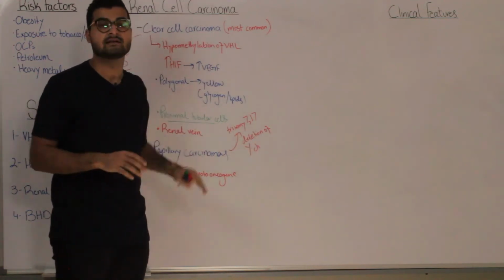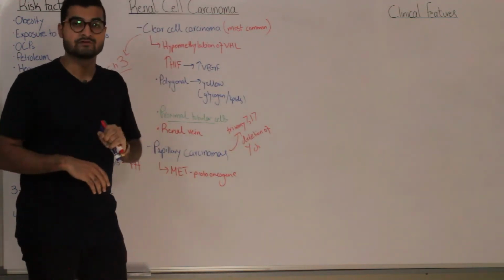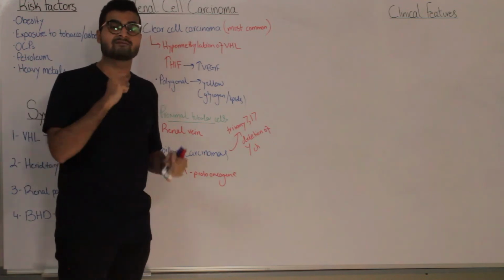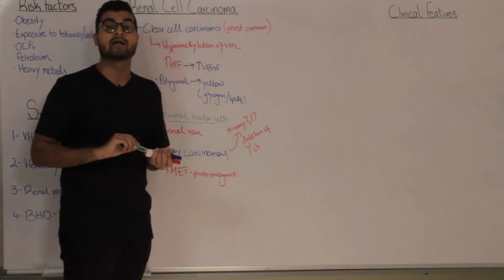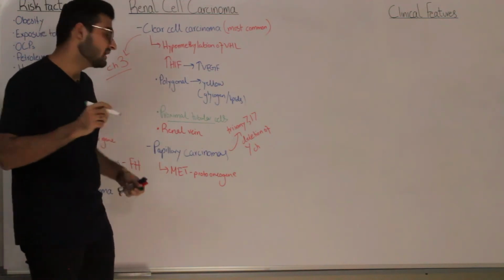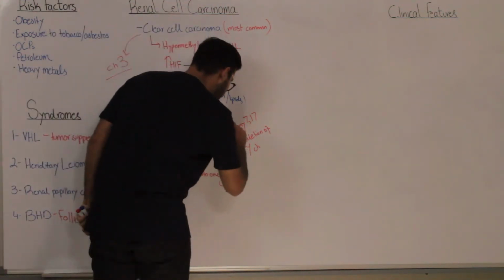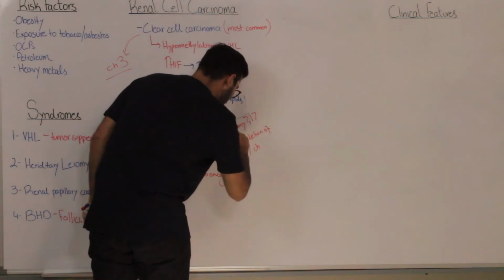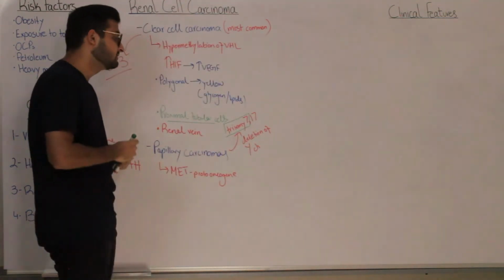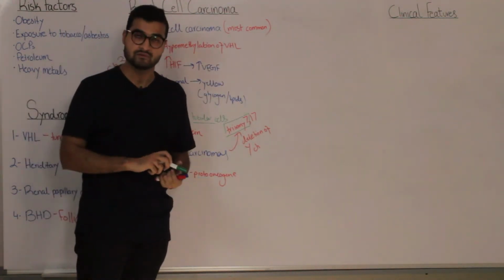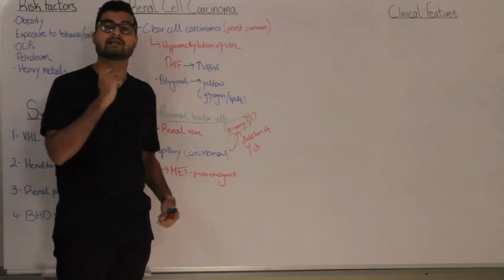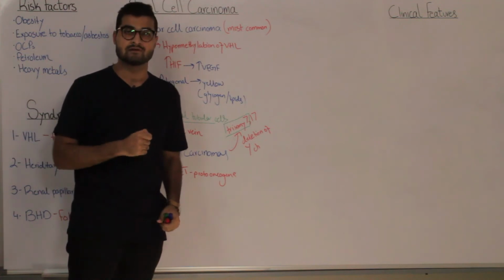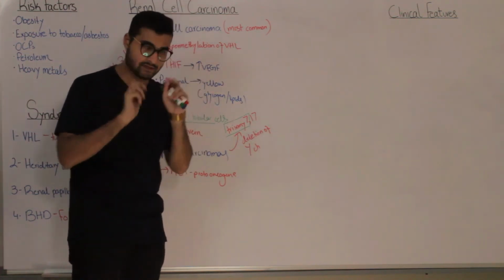All of these things can lead to sporadic papillary carcinomas. But for the hereditary type of papillary carcinomas, you will have just this: trisomy of chromosome number 7 leads to hereditary papillary carcinomas, while the rest, including trisomy 7, lead to sporadic papillary carcinomas. So this is something that you need to know.